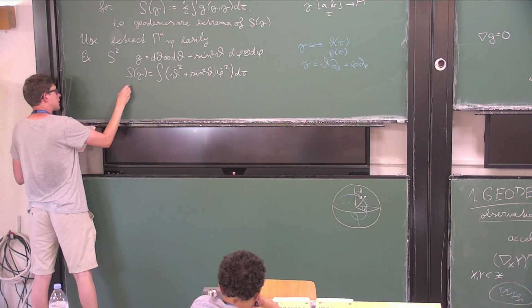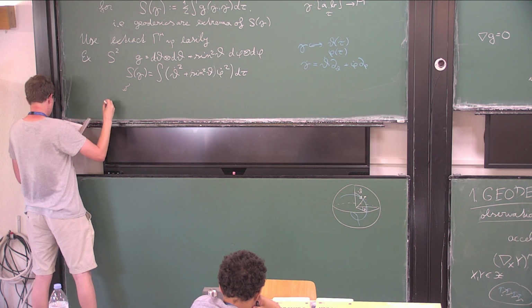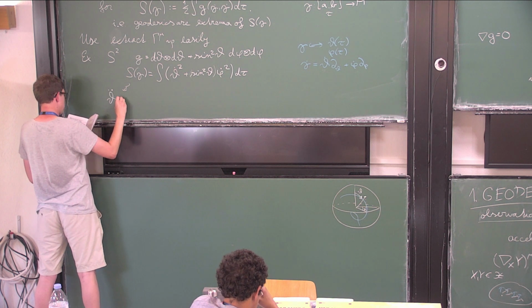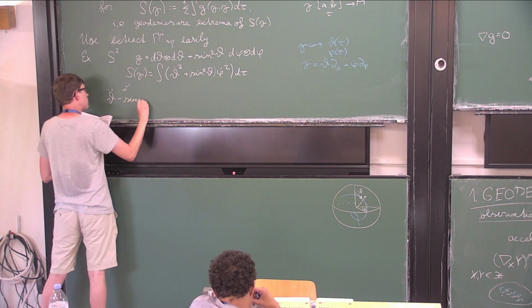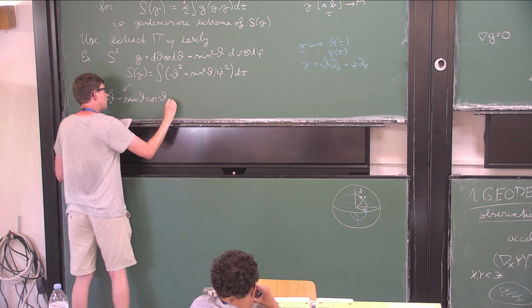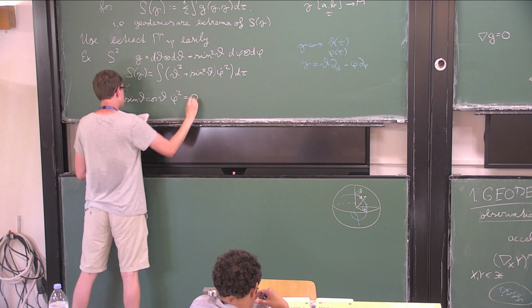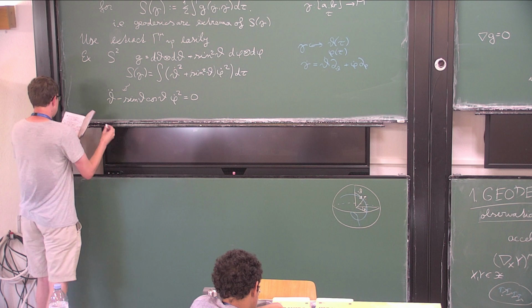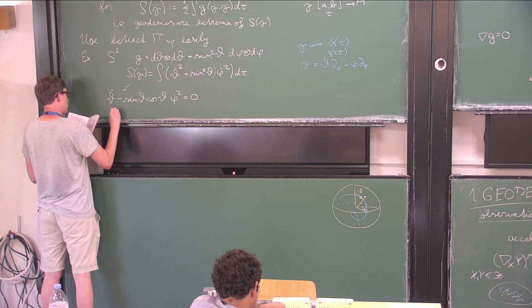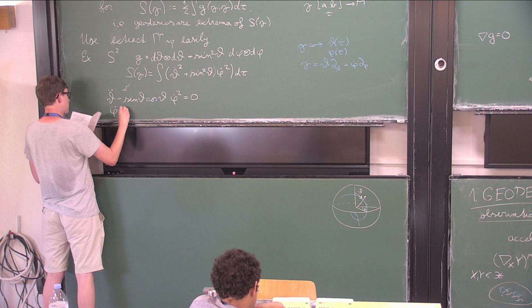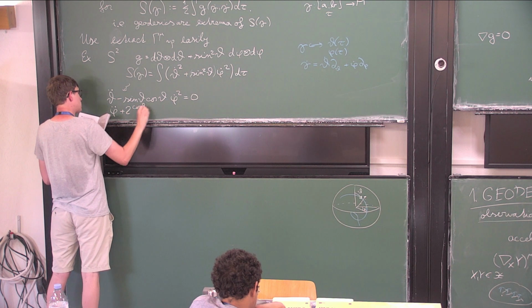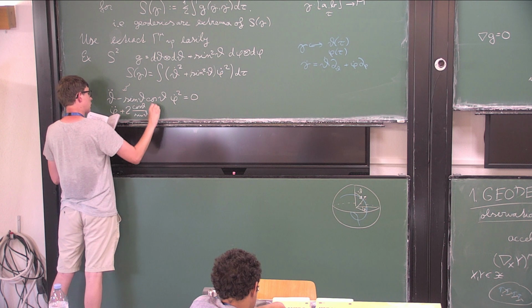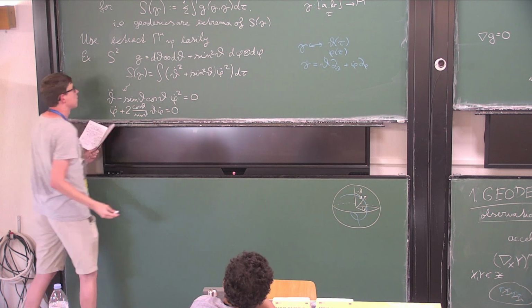The resulting extrema, which is just a one-line calculation, are: theta double dot minus sine theta cosine theta phi dot squared equals 0. That's one. And another one looks like phi double dot plus 2 cos theta over sin theta theta dot phi dot equals 0.